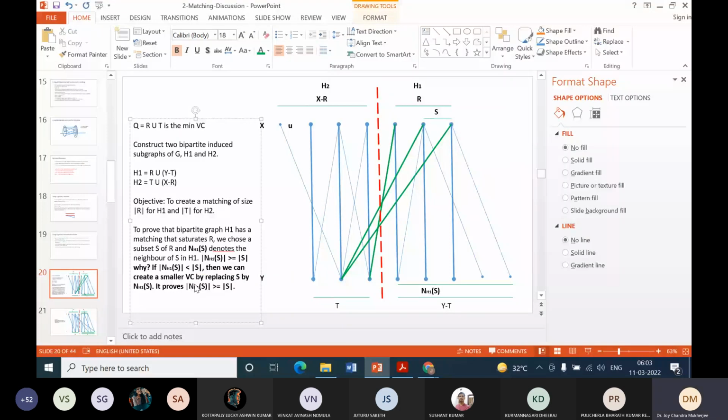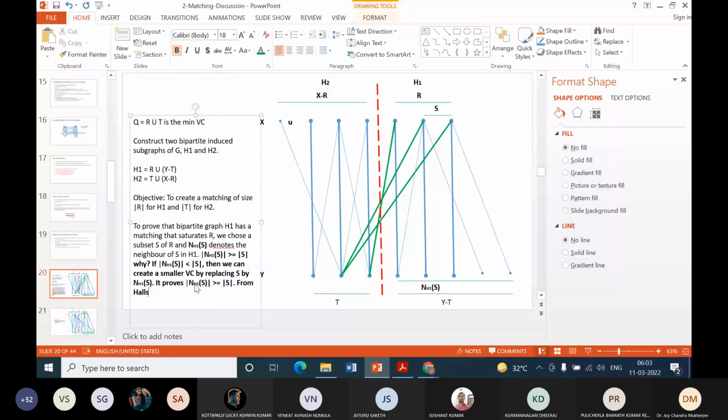From Hall's theorem, R is saturated. So a matching of size mod R we get in H1, and with similar logic a matching of size mod T we get in H2. So we can create the matching of the same size.